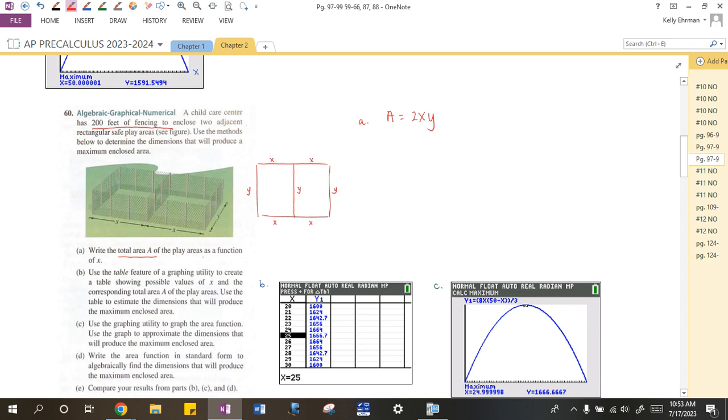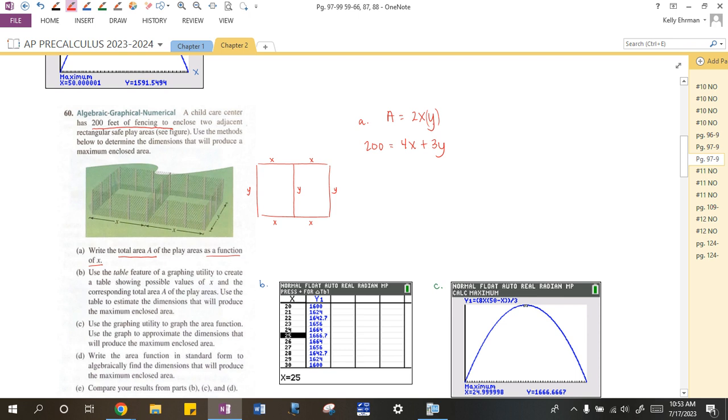This says write the area as a function of x. That means we can only have x. We need to substitute out this y. And this is where the amount of fencing comes in. So remember, fencing is a perimeter equation. So 200 feet of fencing is going to be along the 4x plus 3y lines. So all that has to add up to 200.